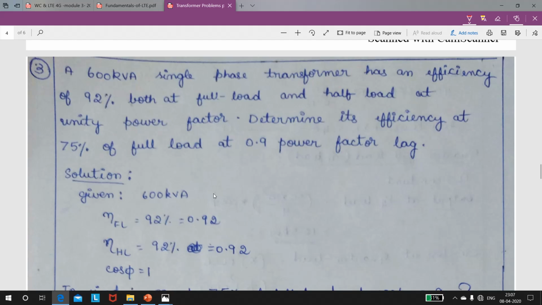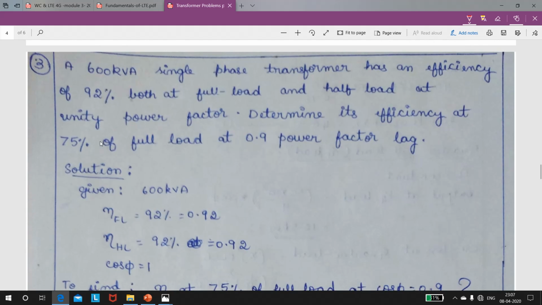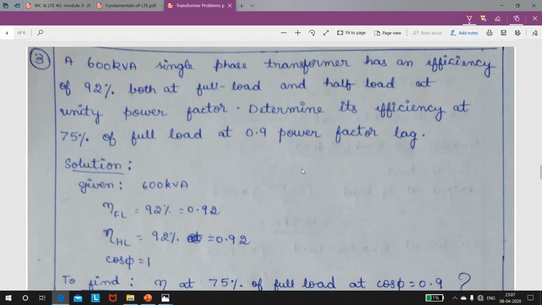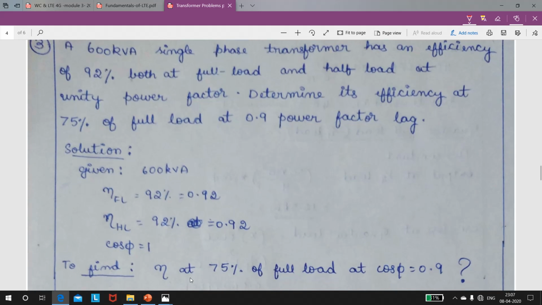So what data is given? 600 kVA. Next, efficiency of 92% at full load and half load. So for full load and half load both 92% efficiency. Power factor is again 1. You have to find out what is the efficiency at 75% of the load at 0.9 power factor.